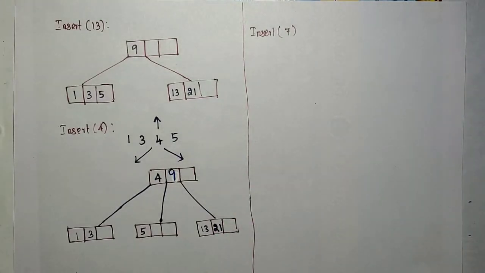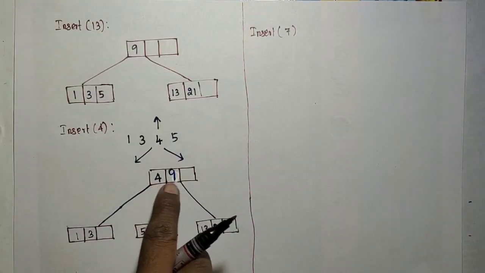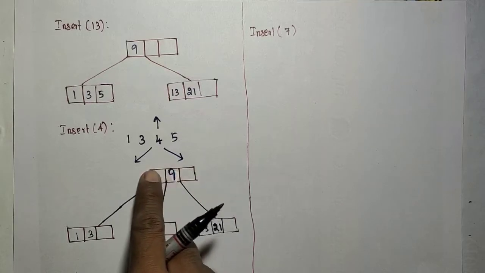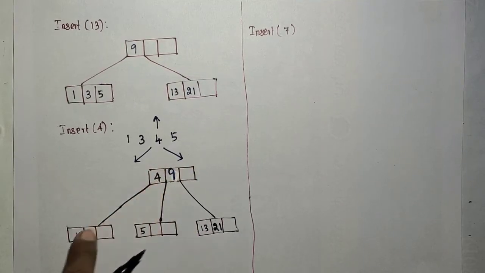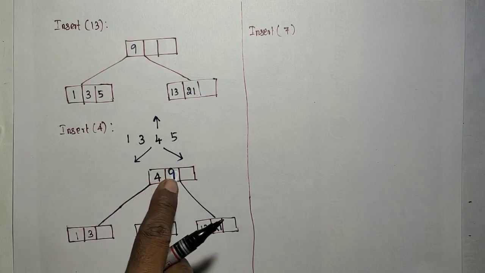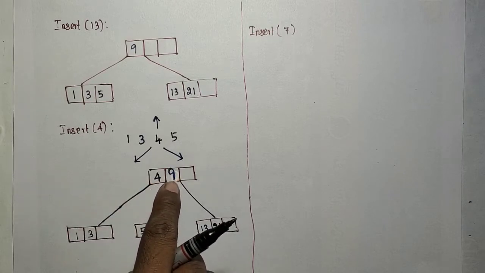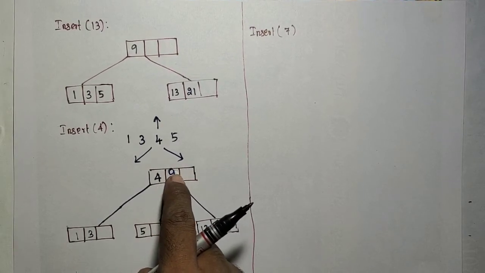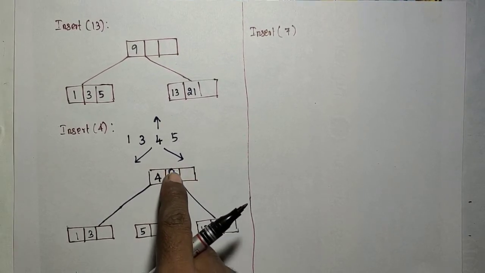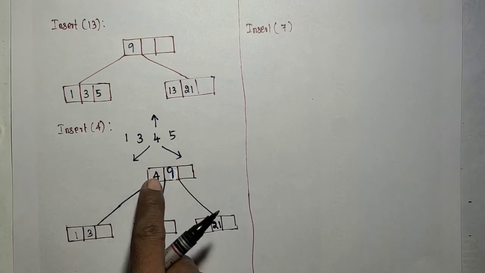Here for the 7, I need to look for the space in the leaf node. This is the root actually. The 7 is greater than the 4, so it will not be in the left of the 4. Go to the next one. The 7 is less than the 9, which means it should be in the left of the 9, between the 4 and 9.